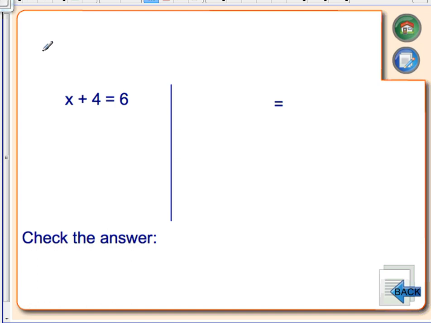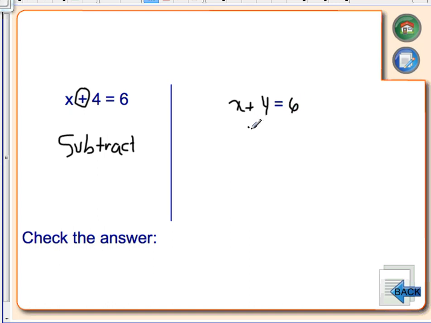So we have x plus 4 equals 6. The first step is we want to figure out our inverse operation, and our inverse operation of addition is to subtract. So what I'm going to do is I'm going to have x plus 4 equals 6.